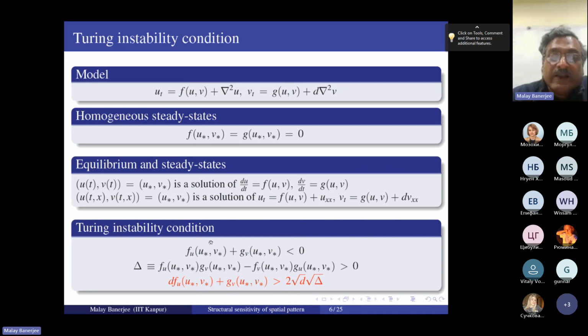So these somehow explain that a certain type of temporal interaction or reaction kinetics supports Turing instability. For example, if we consider the two-component classical Lotka-Volterra competition model, for any parameter value, we can always prove that at the coexistence homogeneous steady state, fu is negative and gv is negative, so their sum is negative.